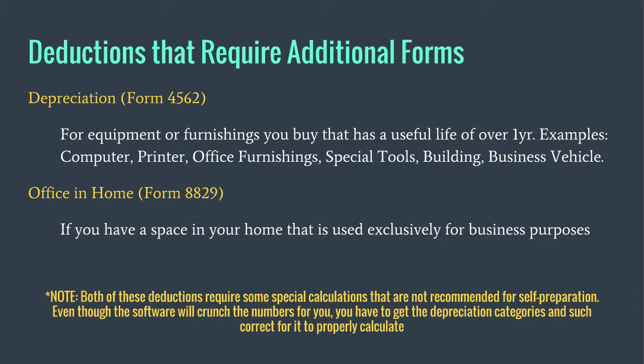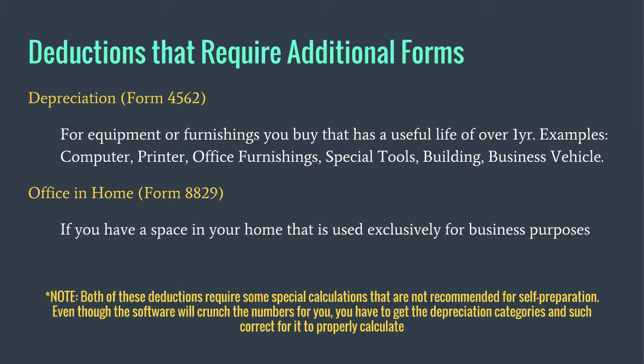So there's 2 other types of deductions that are going to require more forms than just the Schedule C. The first one is depreciation, which is going to go on Form 4562. And this is for when you purchase equipment, furniture that has a useful life of over 1 year. So your examples would be a computer, laptop, a printer, office furnishings, special tools.